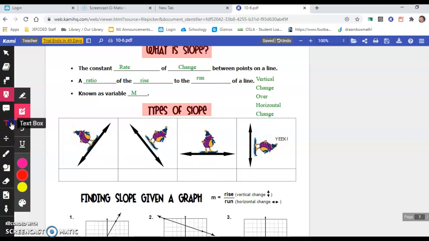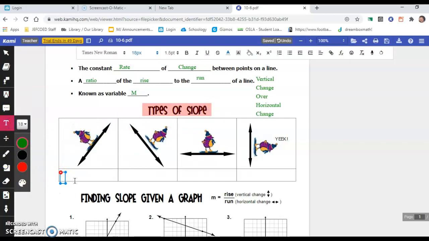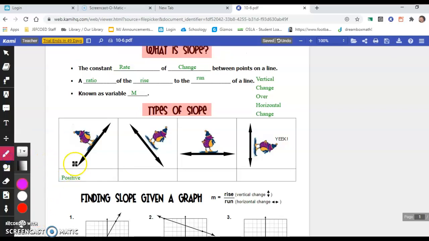The first slope that we're going to look at is a positive slope. When you're reading slope, guys, the easiest way for me is just like you read in a book. So that would be starting at the leftmost point, and if the line's going up, it's going to be positive. Your most left point would be here.